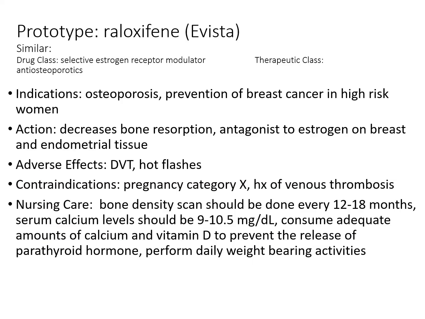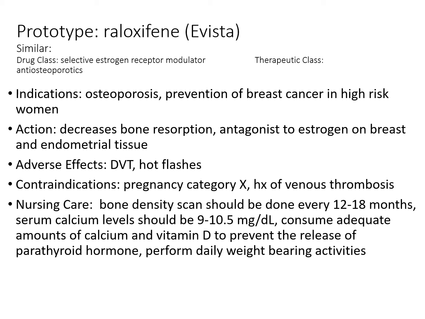Okay, so here's the prototype slide for raloxifene. What do we use it for? Osteoporosis. It'll slow down bone breakdown, which will allow the osteoblasts to deposit more calcium phosphate into the bone, increasing the strength of the bone. Can it be used to block the estrogen receptor in the breast?